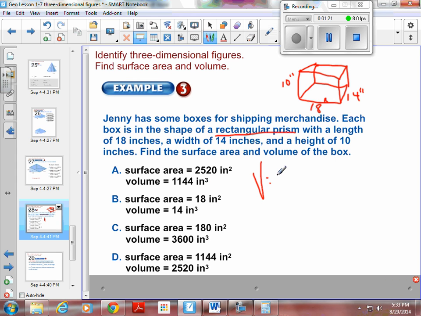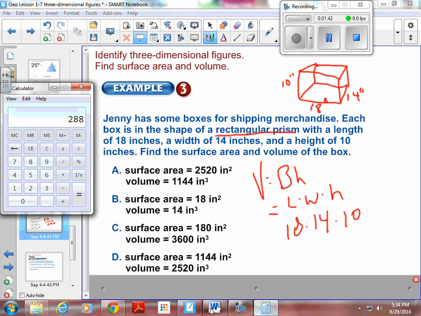Volume is equal to area of the base times the height. The shape of the base is a rectangle, so it's actually equal to length times width times height. So we're just going to take the 3 numbers and multiply them. So that's 18 times 14 times 10. I don't know 18 times 14, so I grab my calculator and you get 252.